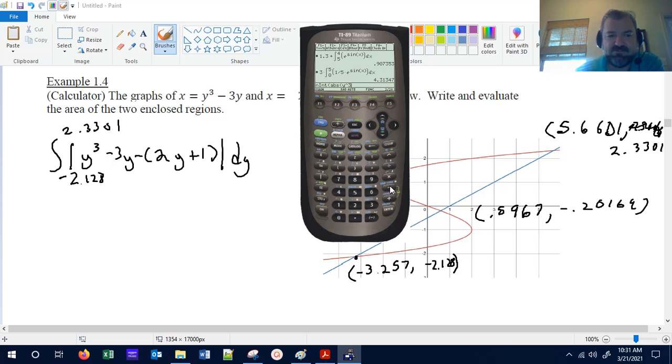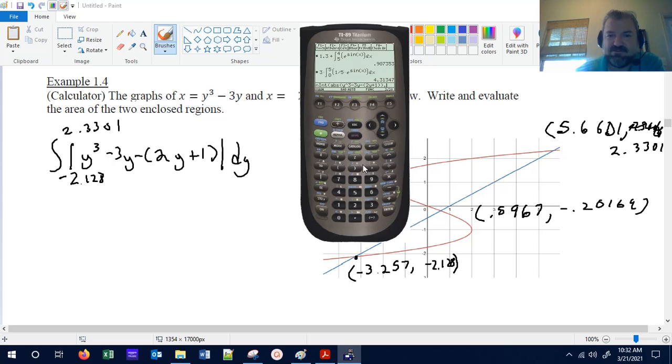So y cubed minus 3y minus parentheses 2y plus 1. Oh, something didn't happen. 2y plus 1. All right, so that parenthesis closes to 2y plus 1. I need another parenthesis to close the absolute value.